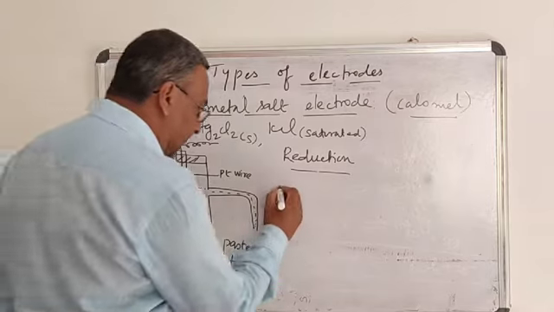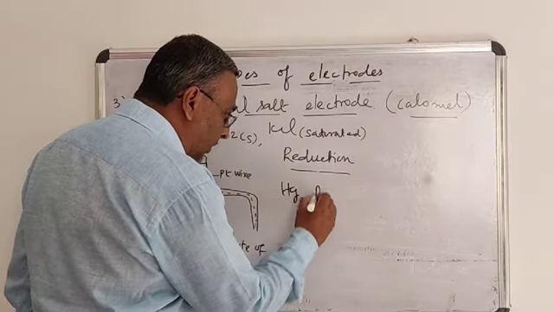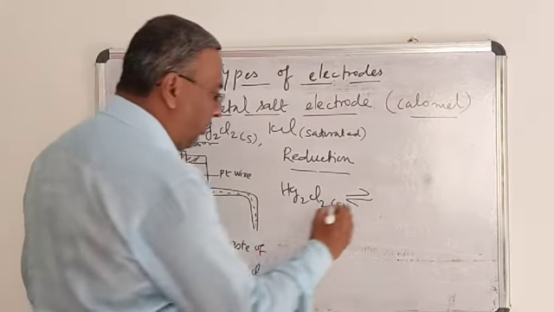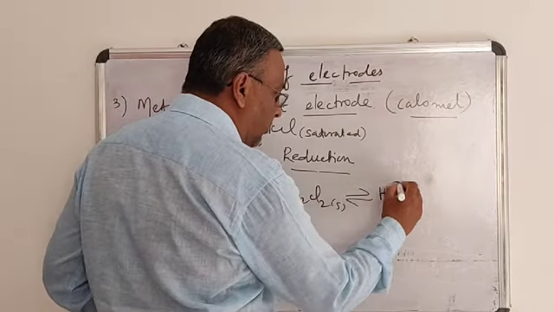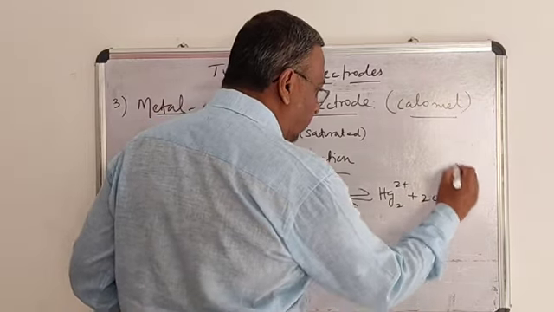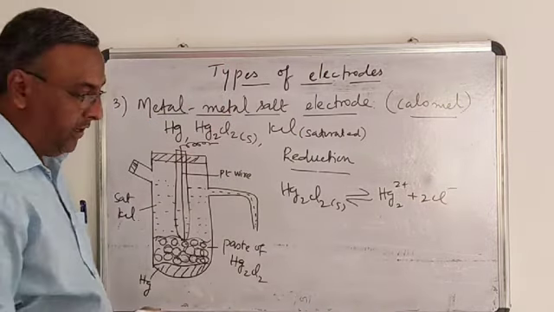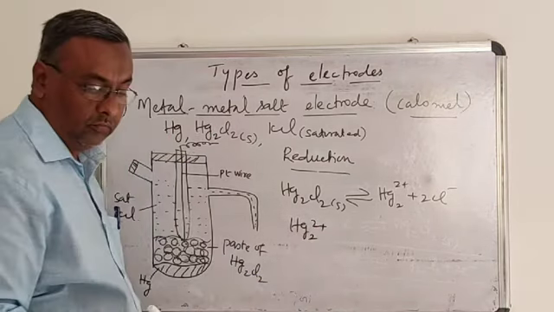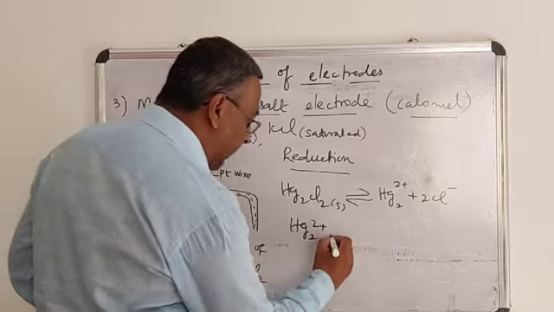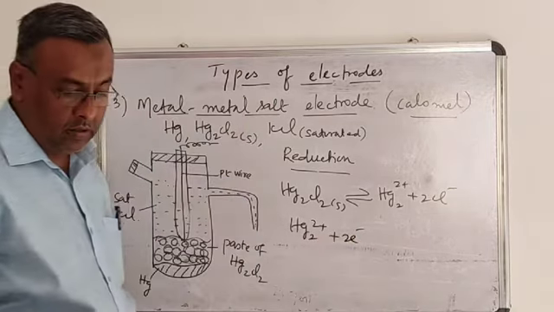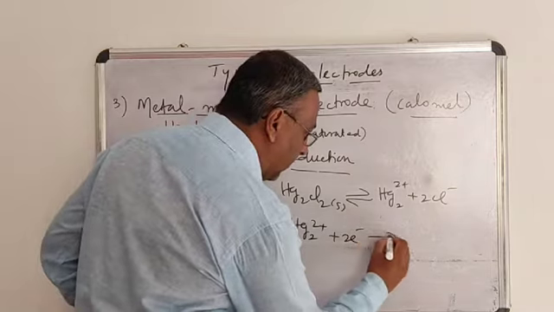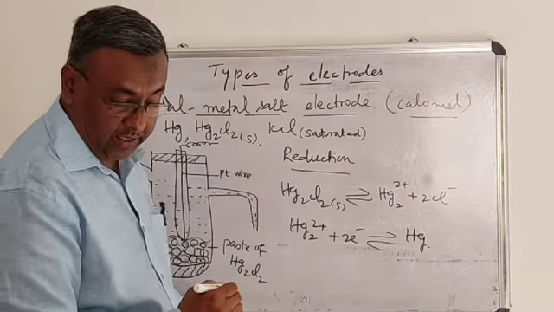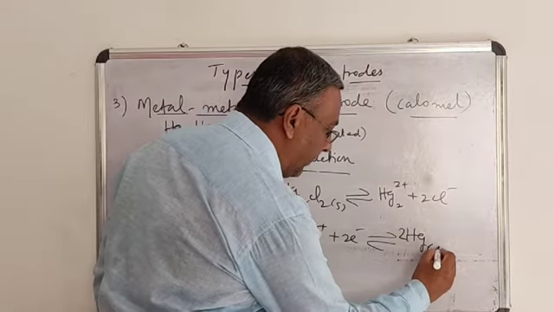Now the reduction reaction I can write as: mercurous chloride salt ionizes to give Hg2 2+ and 2 Cl-, and this Hg2 2+ will take up these 2 electrons and be converted into liquid mercury.